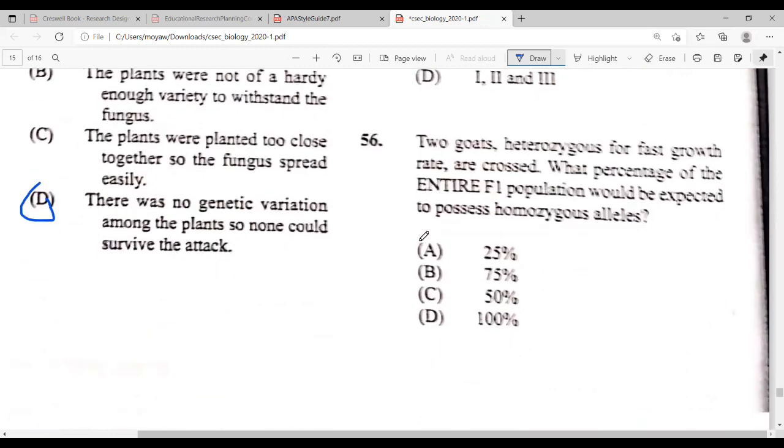56. Two goats heterozygous for fast growth rate are crossed, what percentage of the entire F1 population would be expected to possess the homozygous allele? So just quickly do a Punnett square.